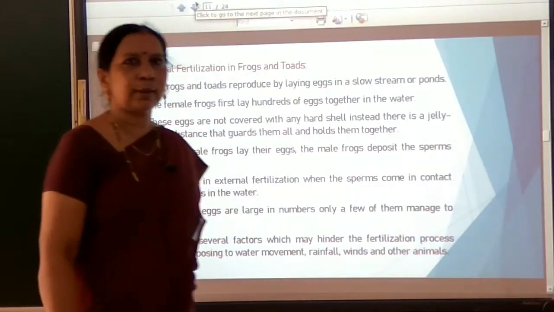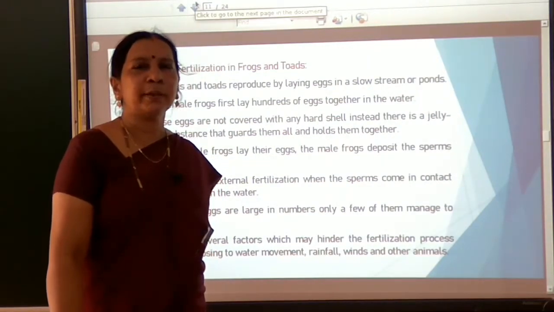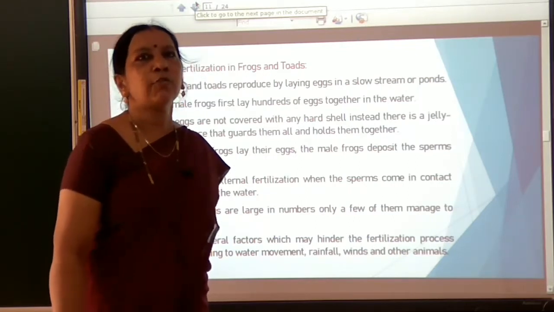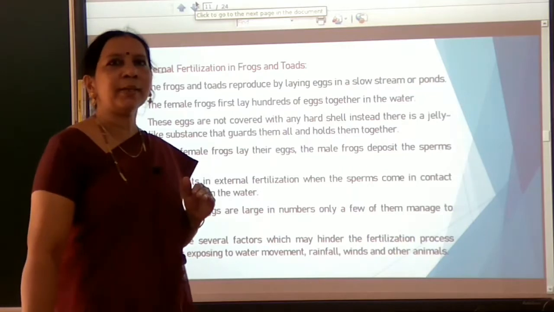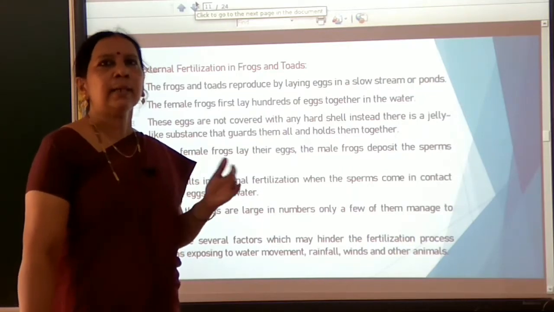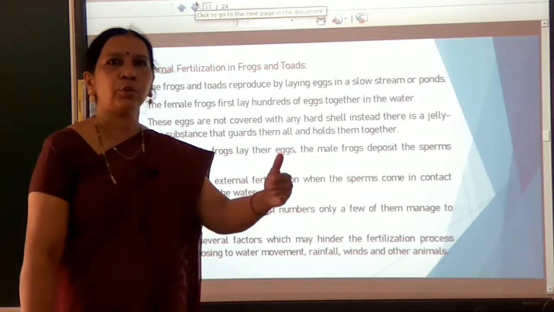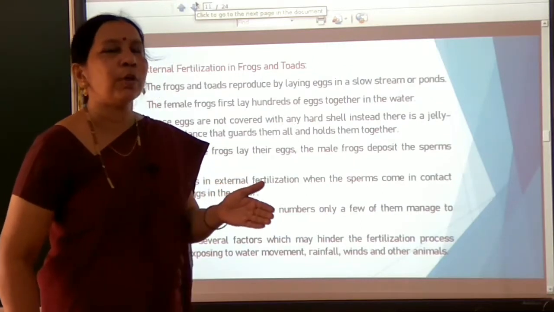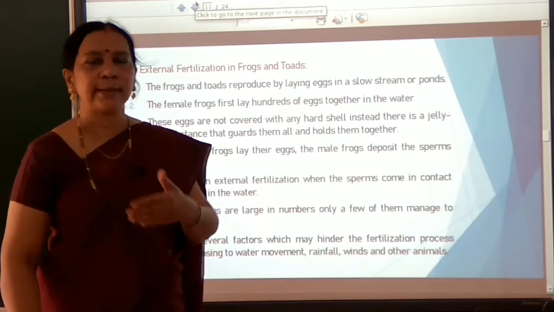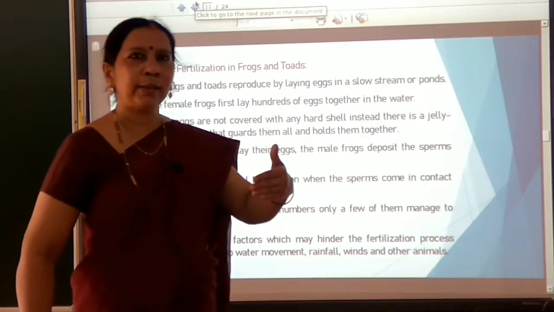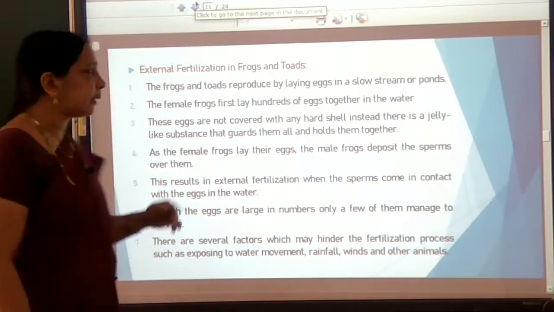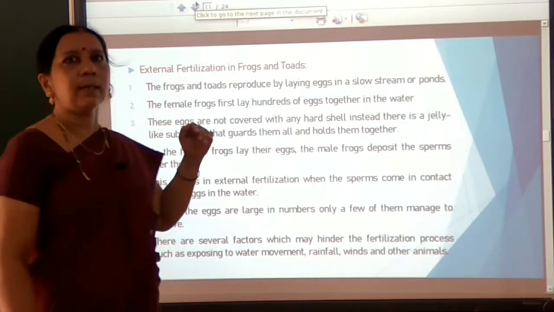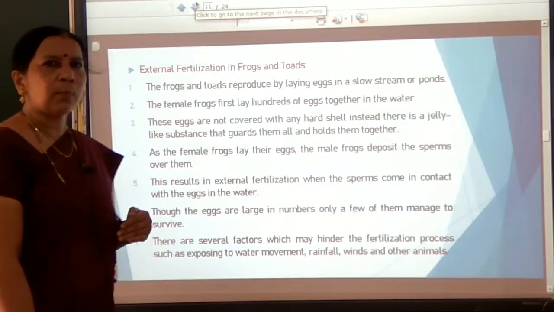Now let us try to understand how external fertilization occurs in frogs and toads. What happens? During the spring season or rainy season, these frogs and toads move into water bodies like slow flowing streams and ponds, and the females lay thousands of eggs.